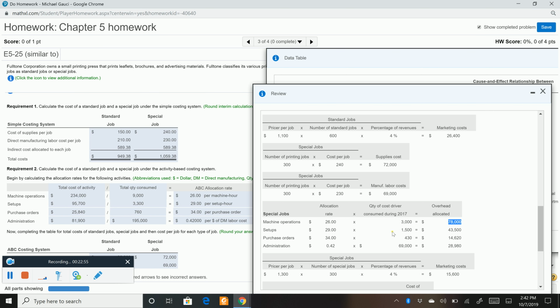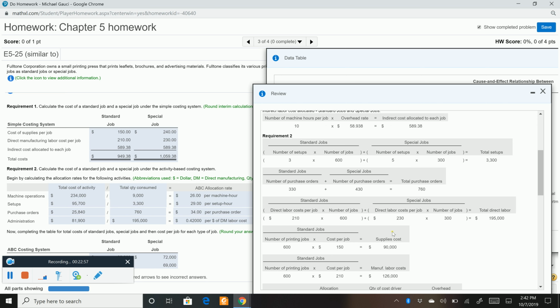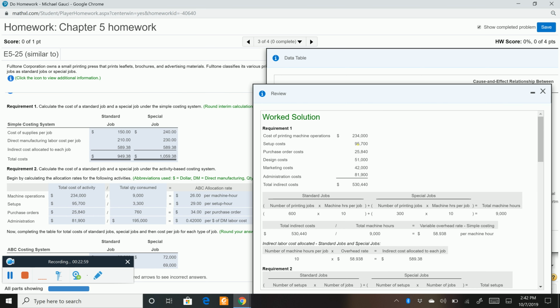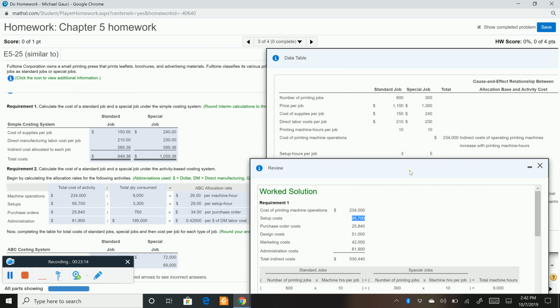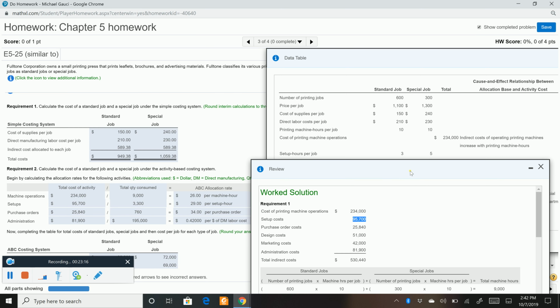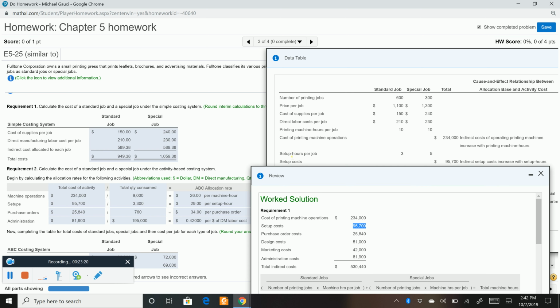The second cost was setup costs, $95,700 total for setup costs. Let me show you the other data. The best cost driver for setup costs is basically the setup hours per job.